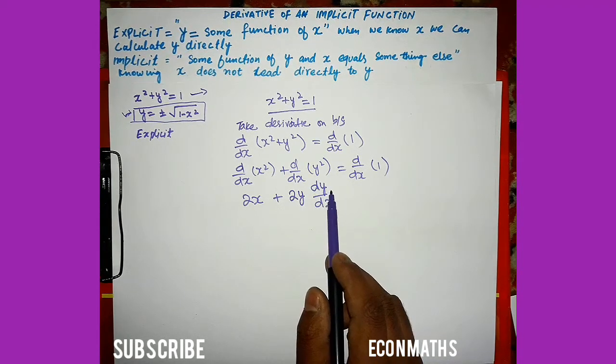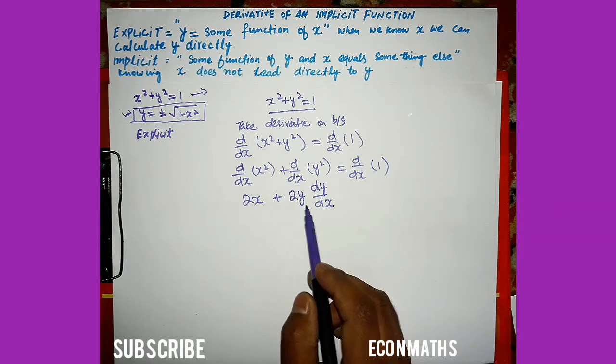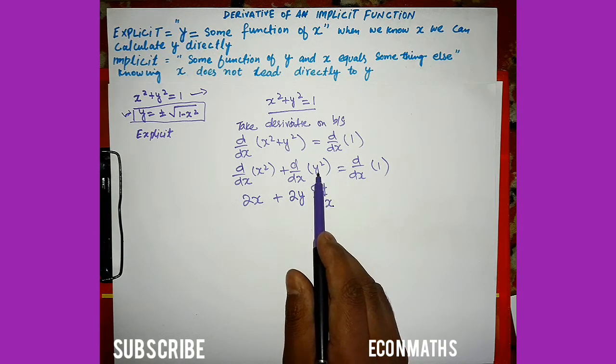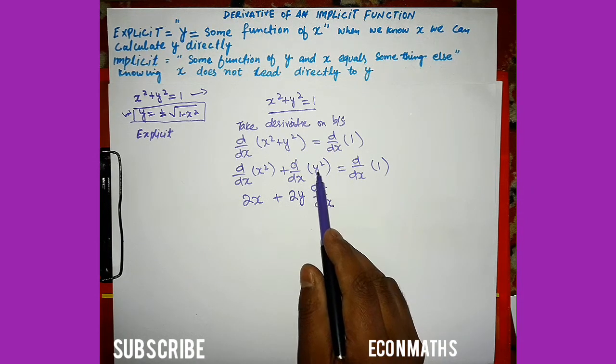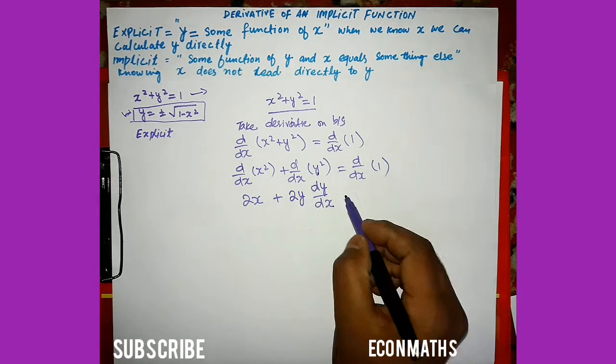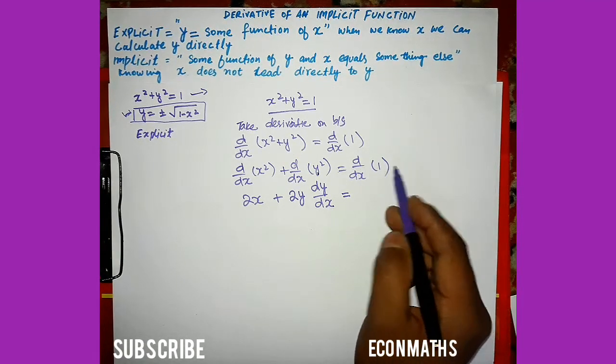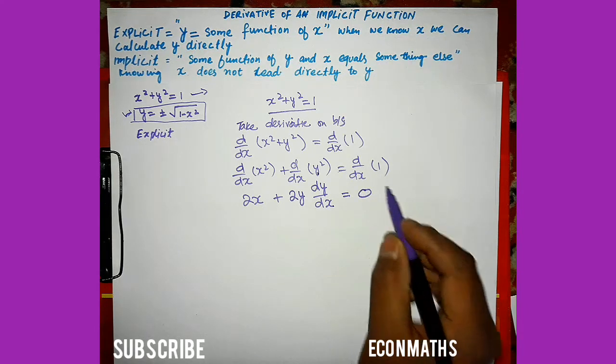First we are differentiating y square, that is 2y, and then the differentiation of y here is dy by dx. The differentiation of a constant is always 0.